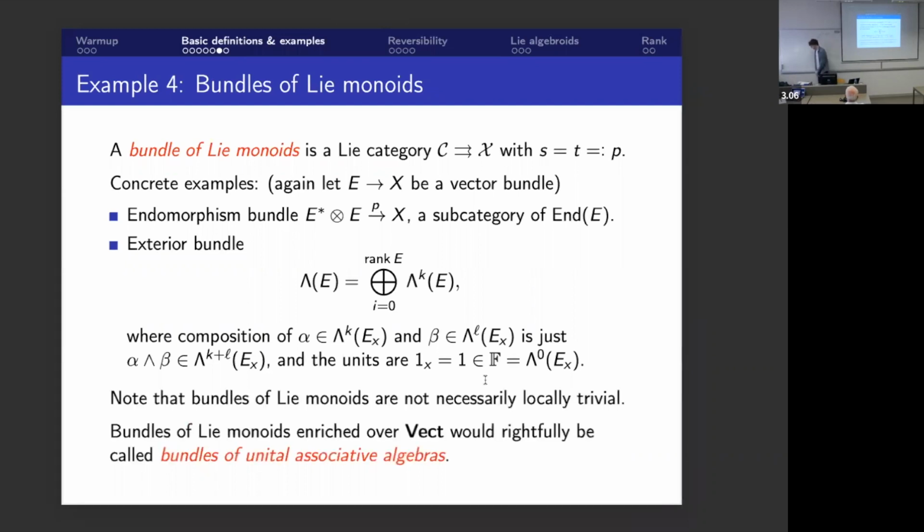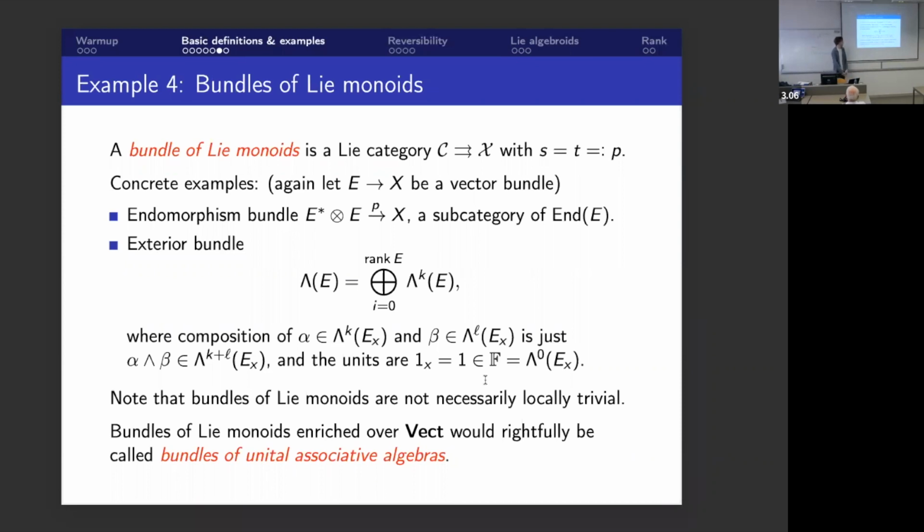And note that these two particular examples are kind of misleading. Both of these are locally trivial, but they are not necessarily such. In all generality, the only thing that we're requiring is that S and T equal P. So I mean that S and T coincide. Okay. So, with these two examples, we also get the bonus from before.